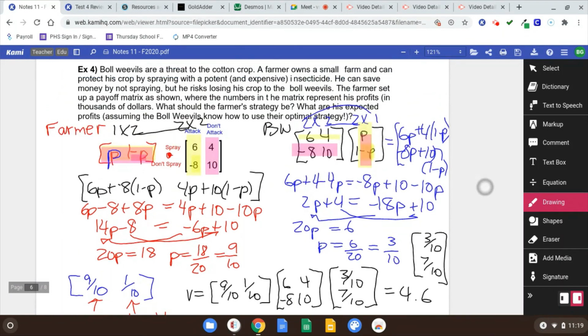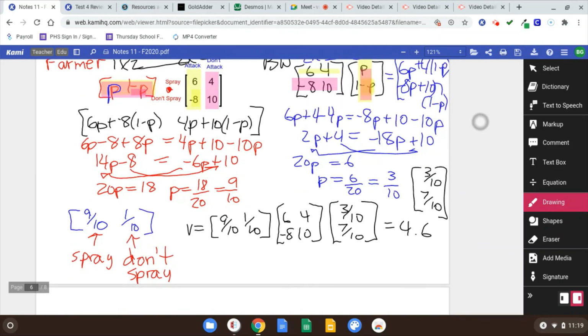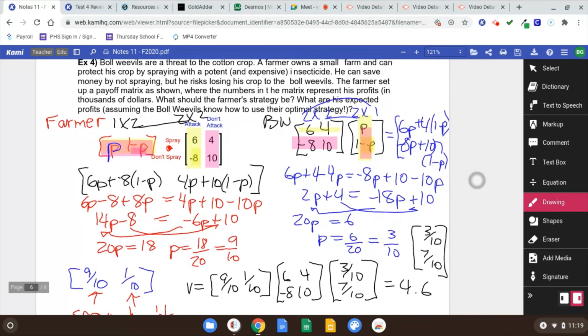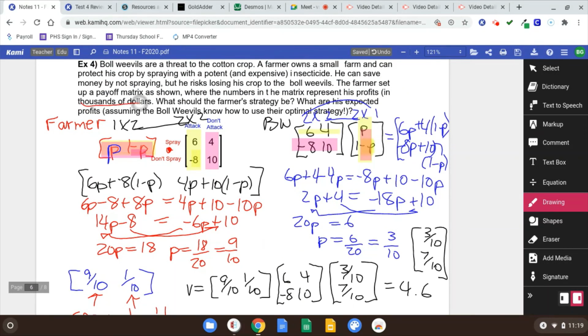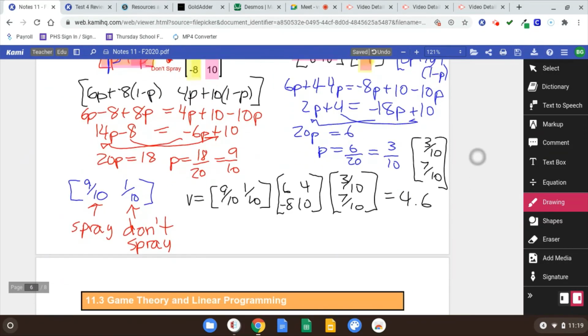And then we also had to figure out his profits. Remember that this payoff was done in thousands of dollars, right? So when we got this value of the game, that's in thousands of dollars. So his profit is $4,600.